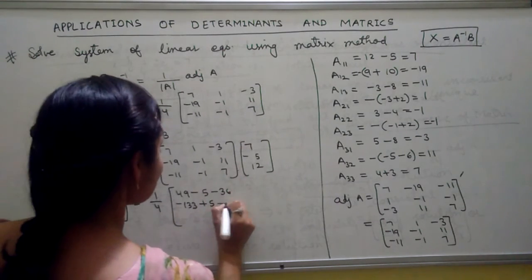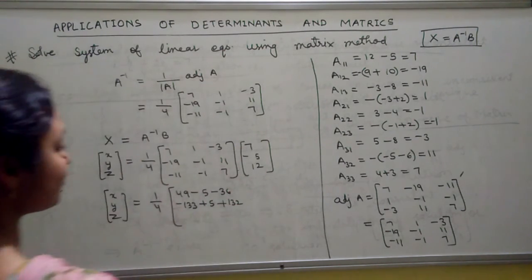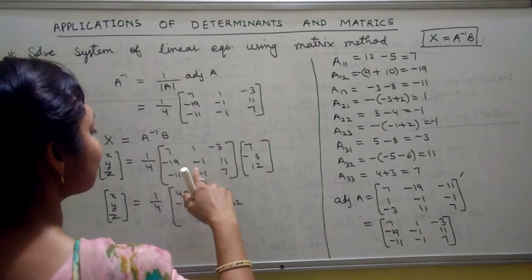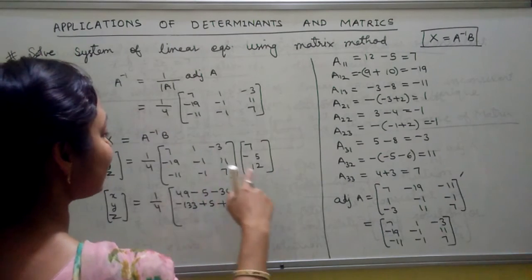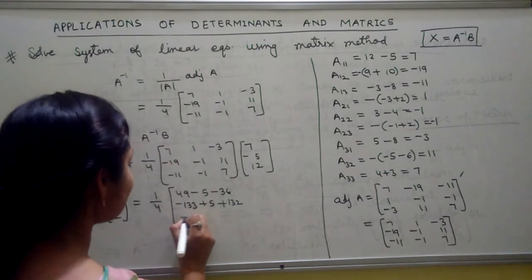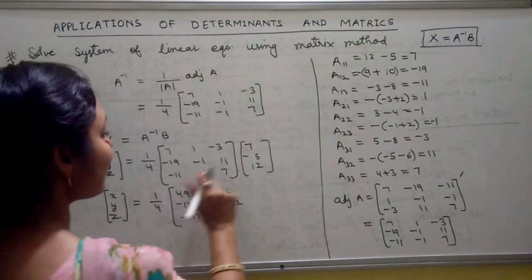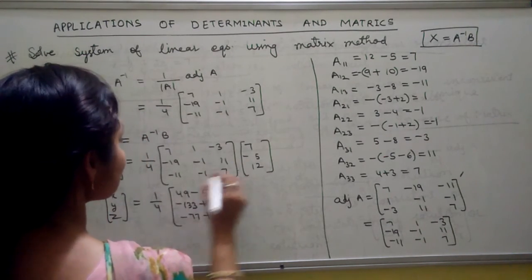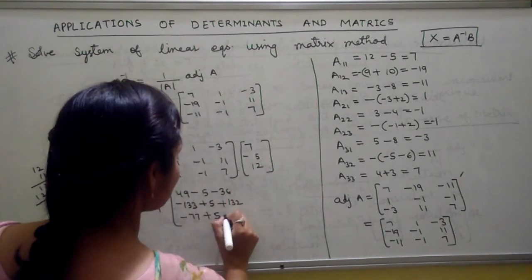So this will equal 132. Next, 11 sevens are negative 77. Minus minus plus 5, and 12 sevens are 84.